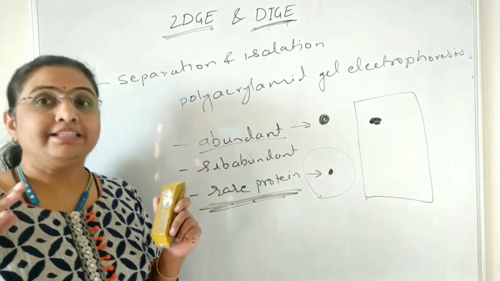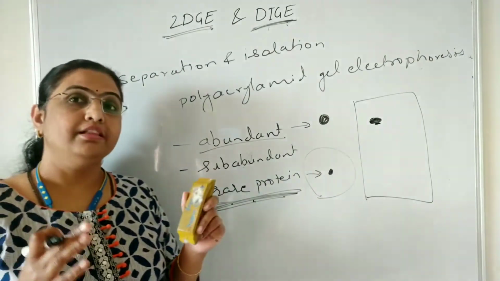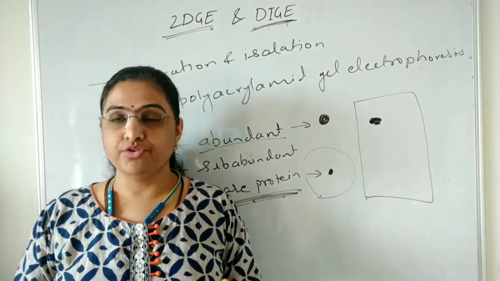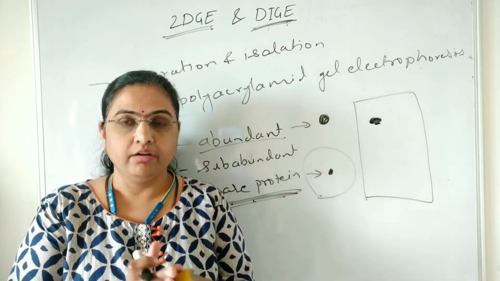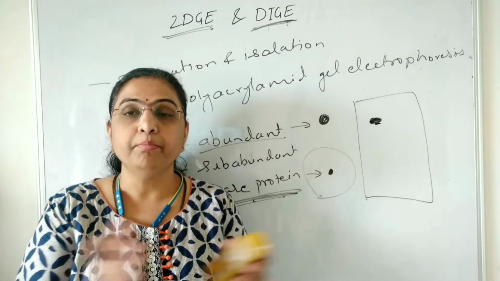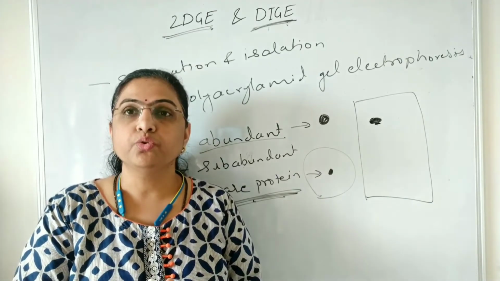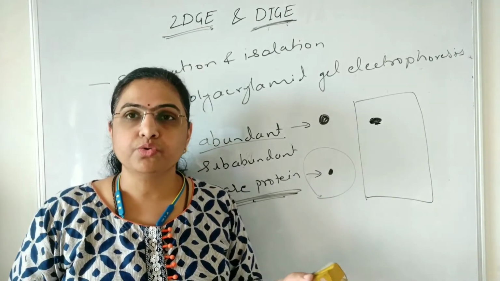Okay, still there is a problem with two-dimensional gel electrophoresis. When we are comparing two cells, you have to make a difference between the two cells.